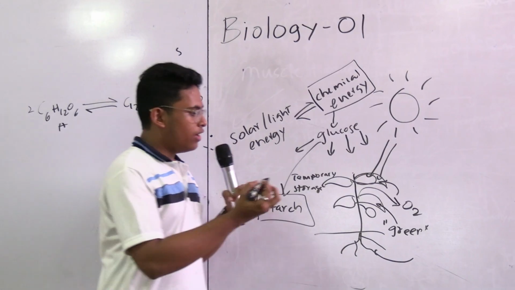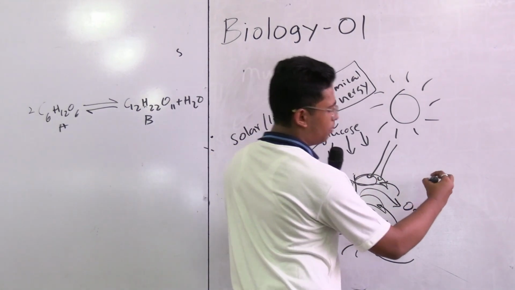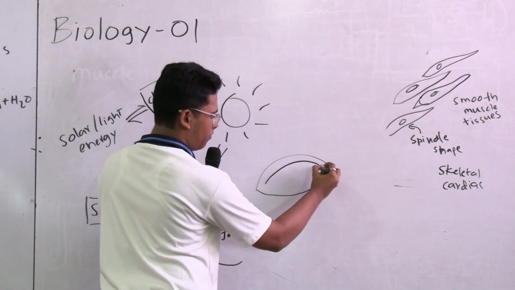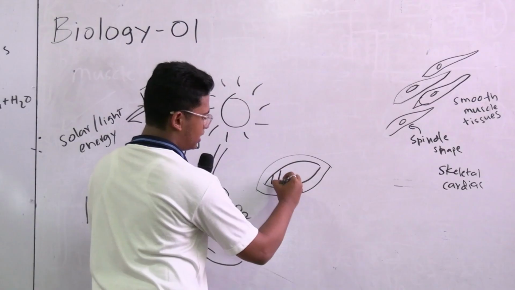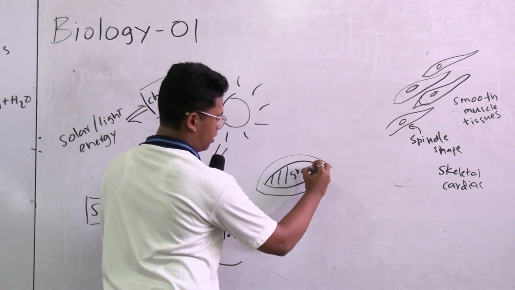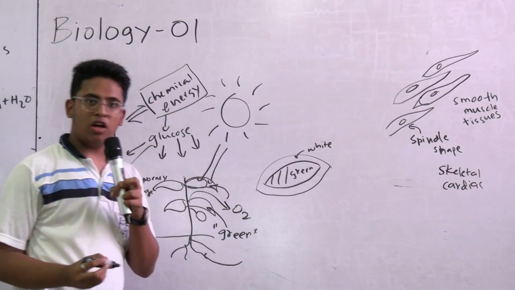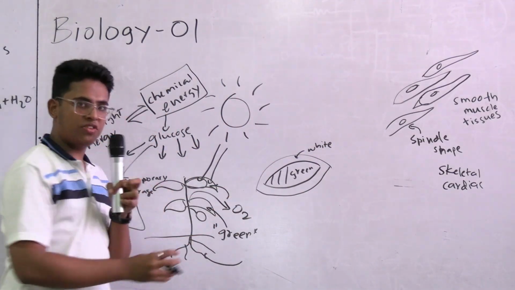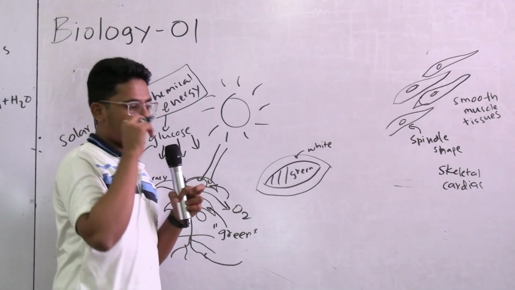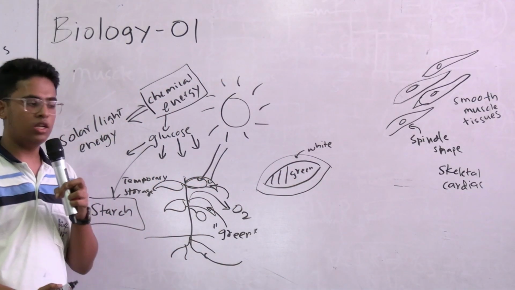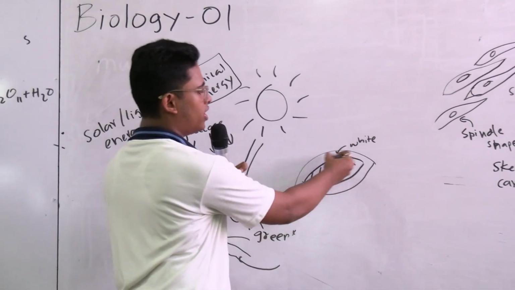So we know that if a plant leaf is there and only a certain part of it is green, I'm coloring this part green and this part white, only the area where green tissue is there, photosynthesis can take place. So in this leaf, if only the middle part is green, photosynthesis will take place only in this part.